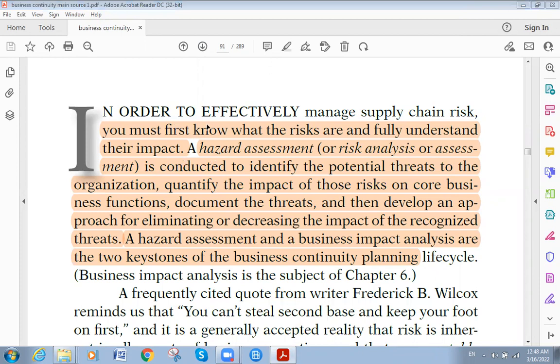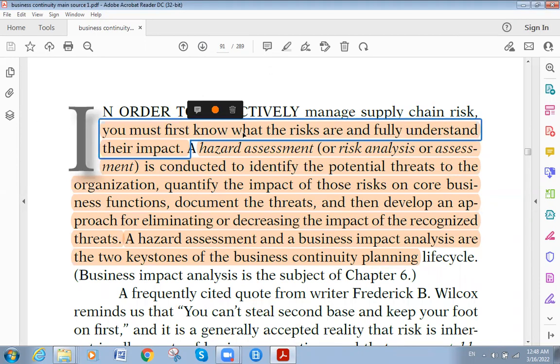In order to effectively manage supply chain risk, you must first know what the risks are and fully understand their impact. So you have to understand where the risk is coming from and what its impact is.